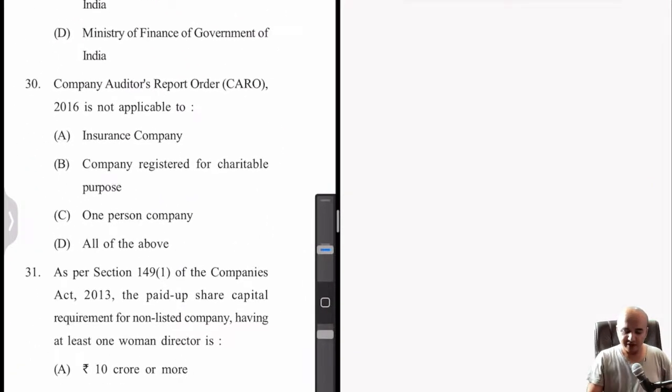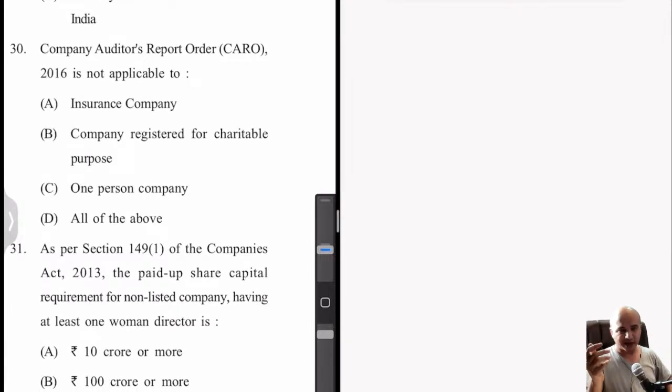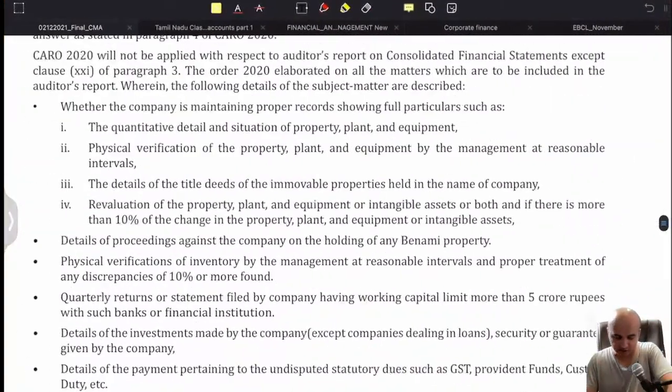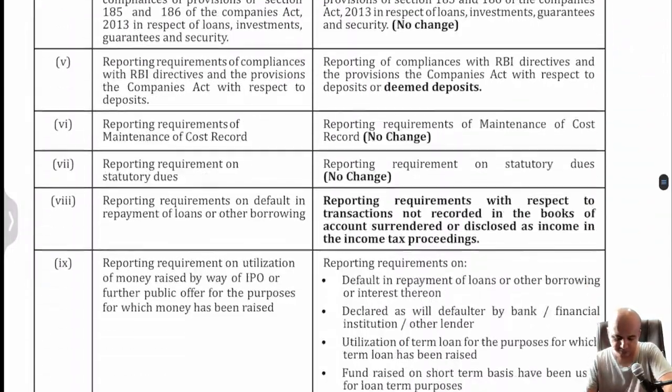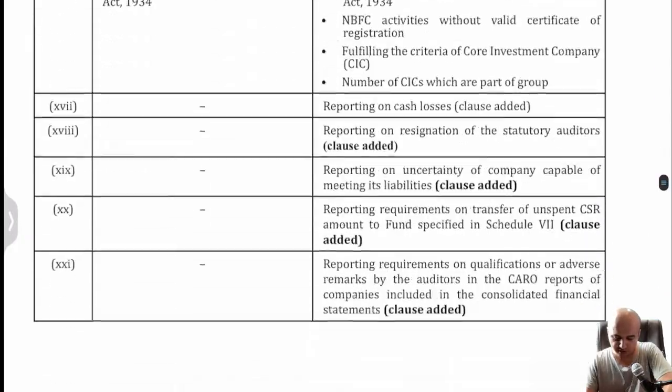Okay, once again we have one more question related to CARO. So now the question is about applicability, like to whom it is applicable and to whom it is not applicable. So let's have a look at that. Let's go back to the PDF, because anyway we'll get to know for whom it is and whom it is not applicable. Where have they mentioned all this?